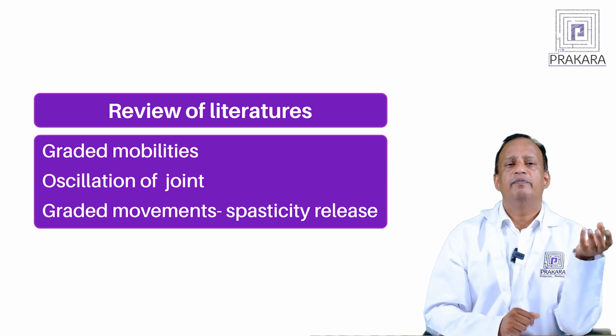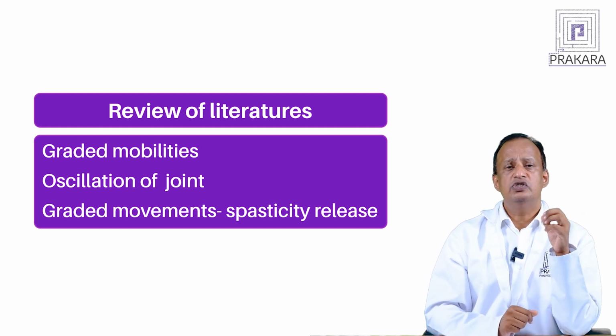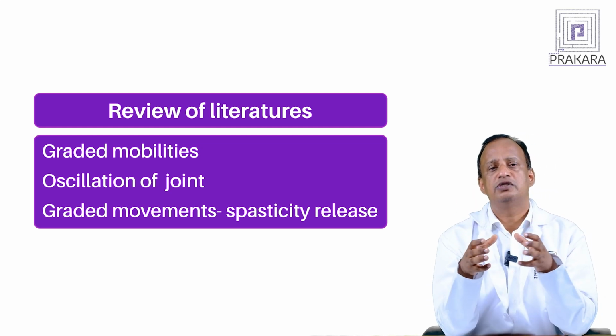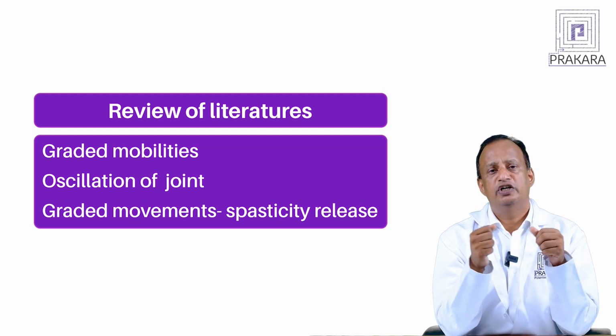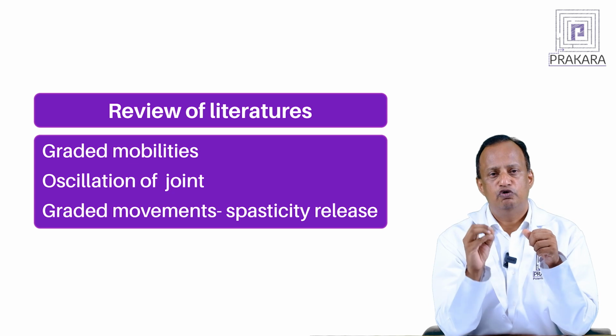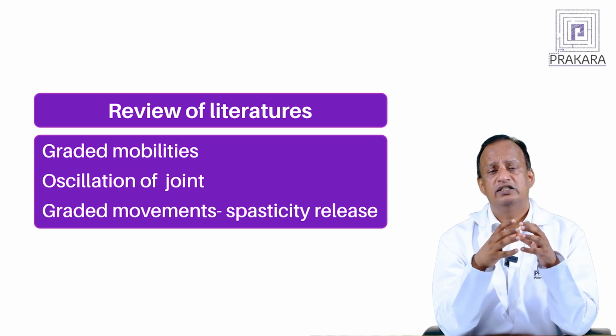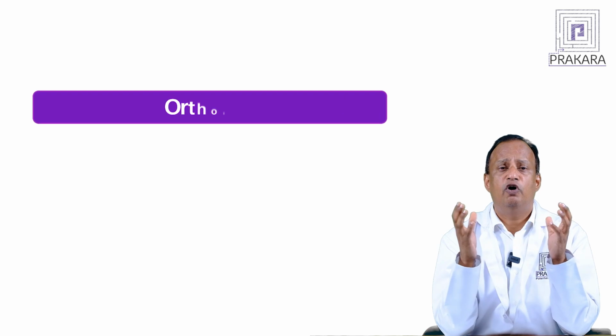And what else can we do? The strengthening, as we said, and thereafter we are looking into this manipulation technique to facilitate the range of movement. Then next, we can work on providing some kind of orthotics.